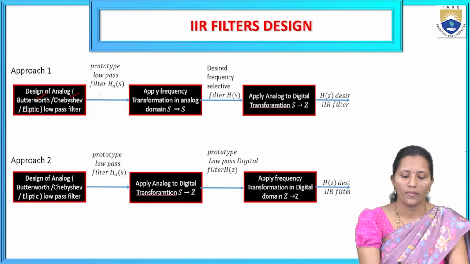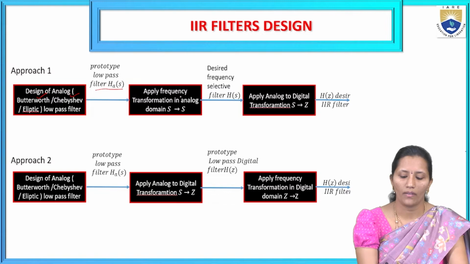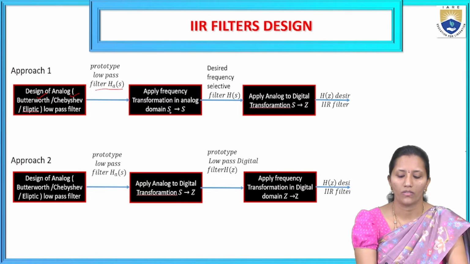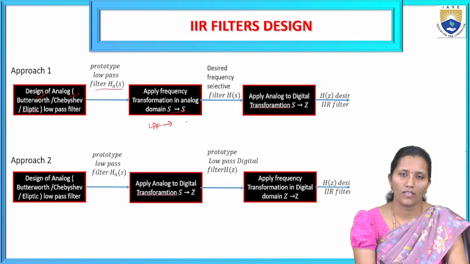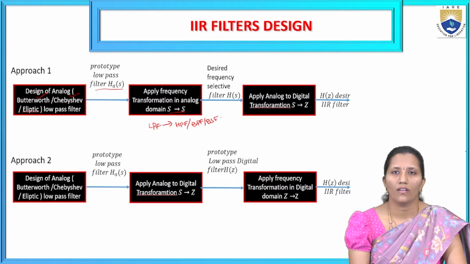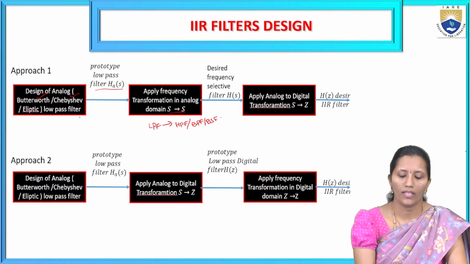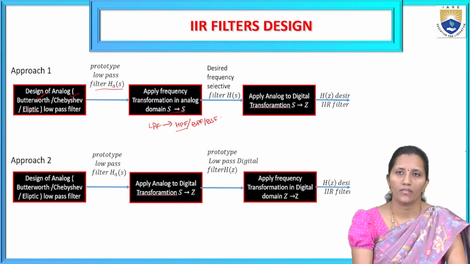So here from the prototype of the low pass filter HA of S, we apply the analog frequency transformation in the analog domain, S to S. From the low pass filter, depending on the specification, if it is a high pass filter, band pass filter or band stop filter, we use these analog transformation techniques to convert the low pass filter into a band pass filter, band stop filter or high pass filter.